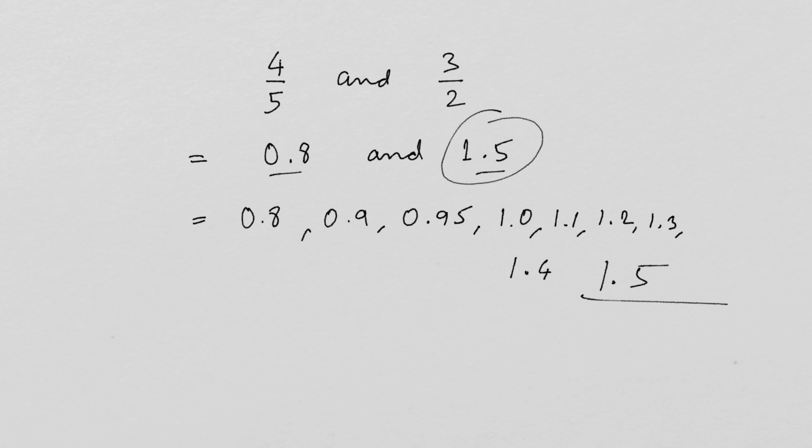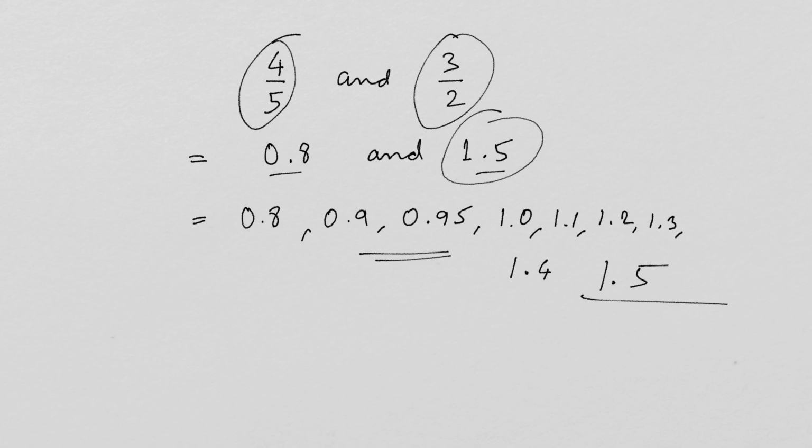So this is one way to find rational numbers between two given numbers. The method is to first convert the numbers into decimal forms, and then it becomes very easy to figure out how we can find rational numbers between two rational numbers.